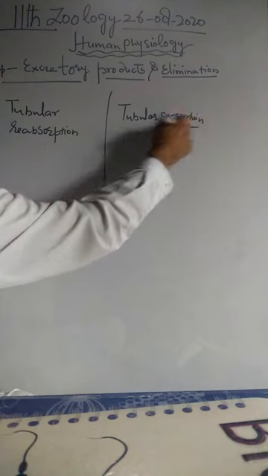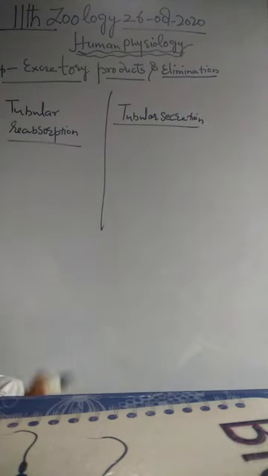We have to make the difference between the two. Tubular reabsorption and tubular secretion take place in the uriniferous tubules below the glomerulus level.